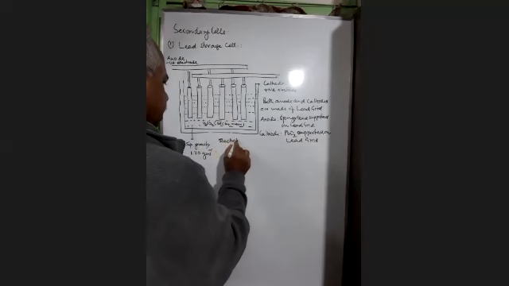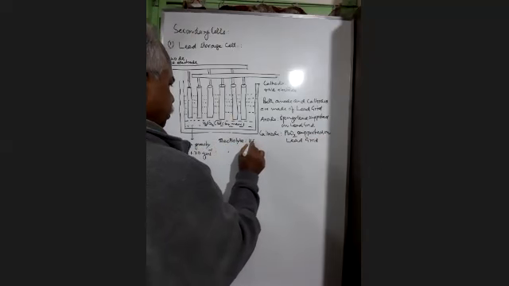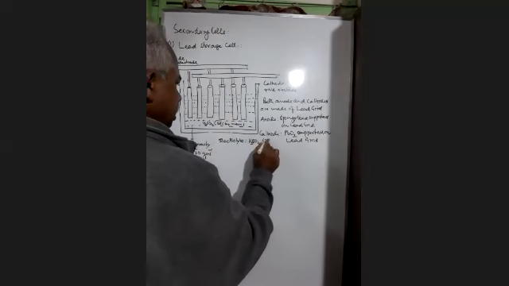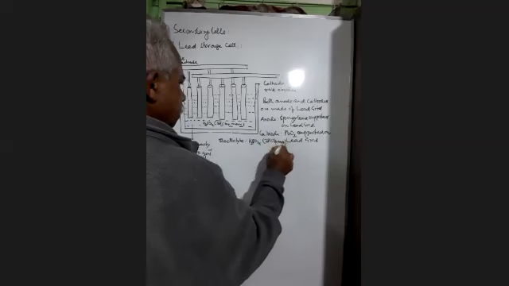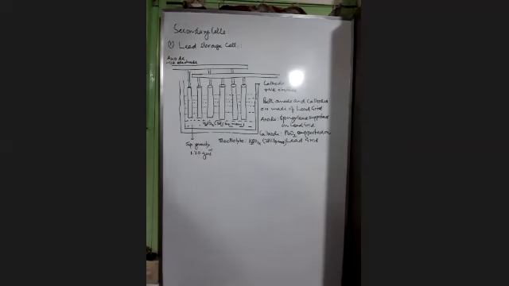Electrolyte: H2SO4, I've already written inside, 38% by mass. Specific gravity already I have written. Okay, please try to draw from your book.